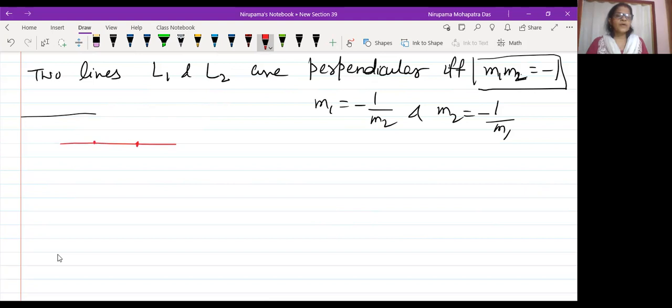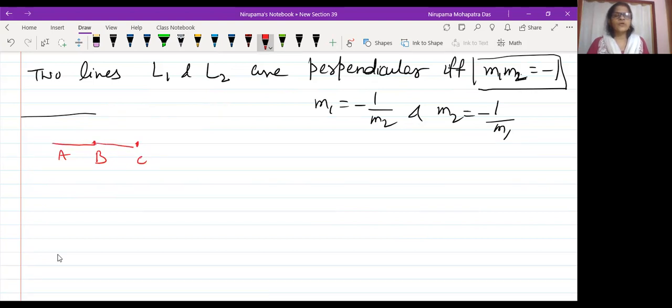So if I write here AB and BC, for example, if I take 3 points A, B and C, so now 3 points are collinear.